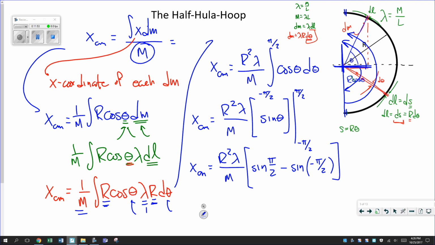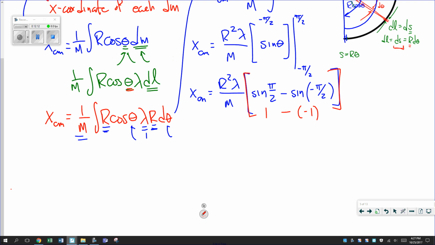The sine of pi over 2 is 1. The minus the sine of negative pi over 2 is negative 1. So this whole thing is 2. So we get the position of center of mass is 2 r squared lambda over m.